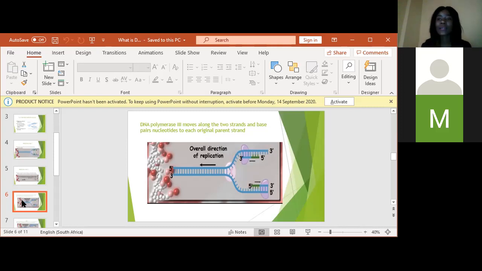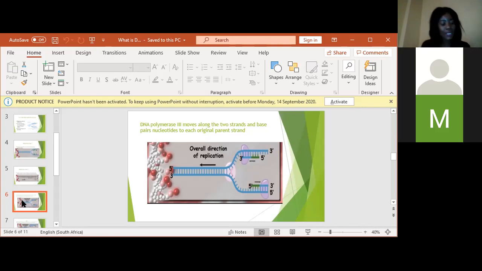After a new fragment is synthesized, the enzyme called DNA polymerase 1 comes to the place and goes through the DNA strand and replaces the RNA nucleotides from the primer with DNA nucleotides to make sure it is DNA all the way through.